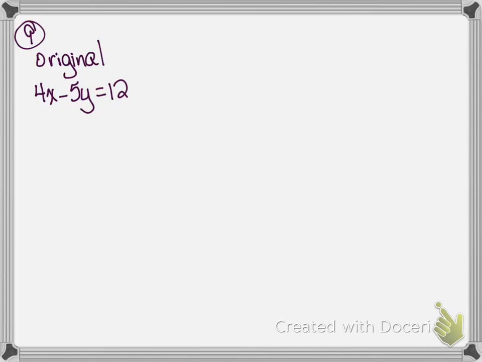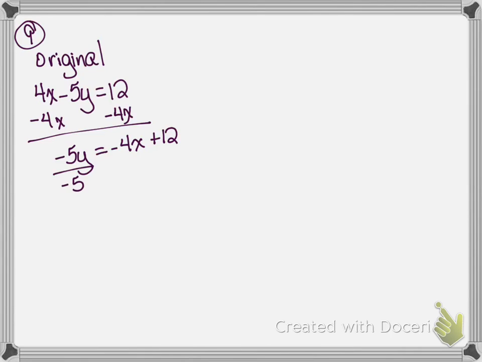So I'm going to solve for y. I'm subtracting 4x from both sides. So I have negative 5y equals negative 4x plus 12. My next step is to divide everything by negative 5. So for my original line, I get y equals 4 over 5x minus 12 over 5.